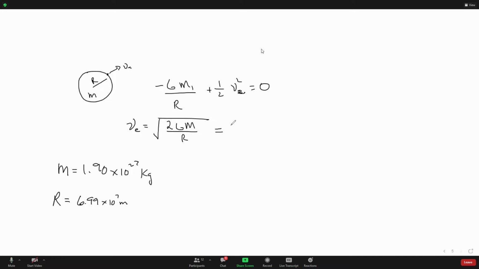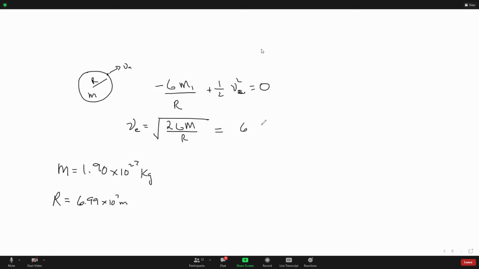Okay, did I solve it correctly? Yeah, I did. 2 times G, and G is 6.67 times 10 to the minus 11, times 1.9 times 10 to the 27, divided by the radius.